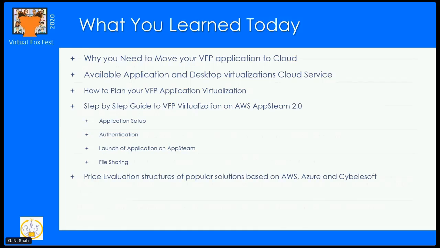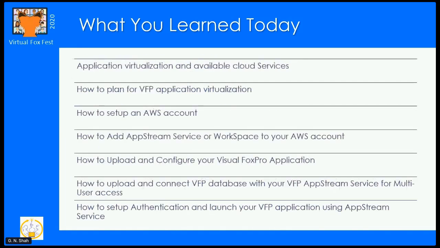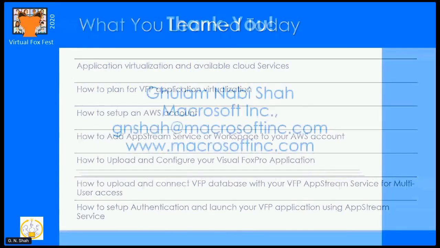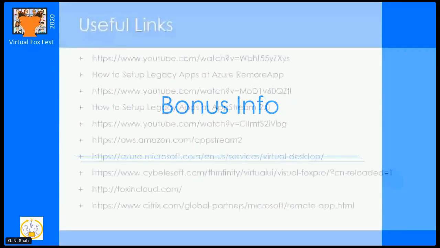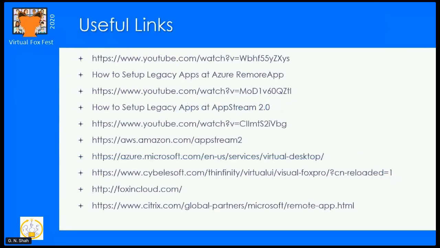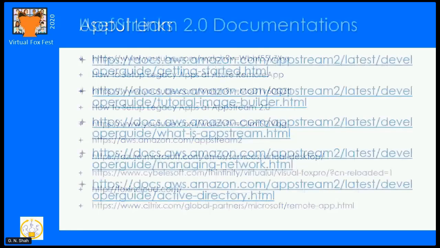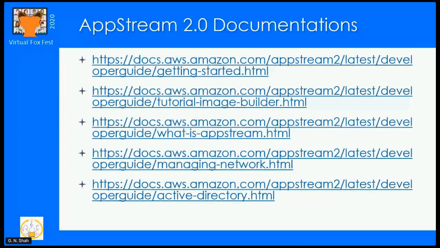Plus, in this presentation you have a lot more information available as bonus info. I put together carefully what you need to set up an Azure application, an Amazon application, Fox in Cloud, or Citrix. These are all available in this list. It's very valuable information, and I'm sure you're going to benefit from it.